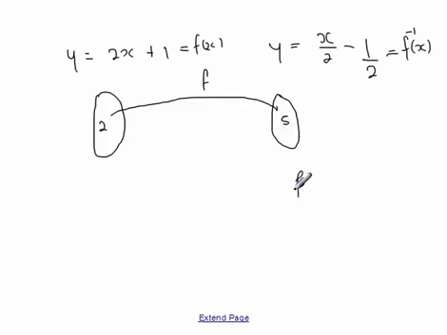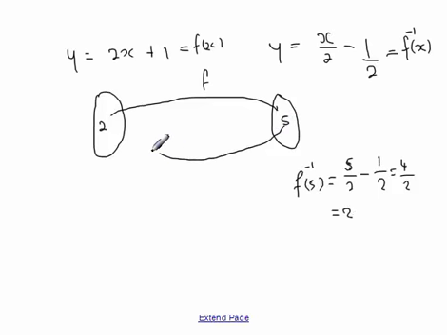It will say f second function of 5 equals 5 over 2 minus 1 over 2, which is 5 halves minus 1 half, which will give us 4 halves, which yesterday was equal to 2. Today? Still 2. Okay, good. So this 5 will be taken back to 2 by this f second function.